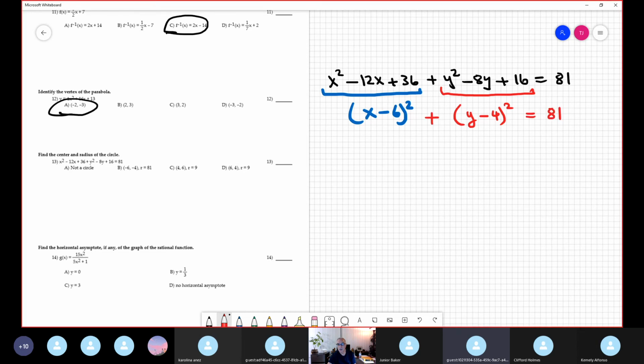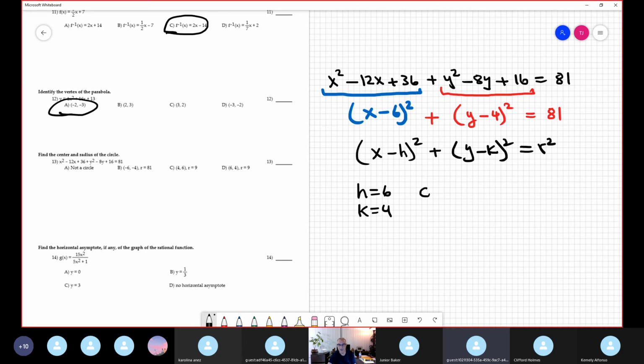Equal 81. And we compare this equation with the standard equation for the circle. And what do they want? They want the center and radius. Okay, no problem. H is 6 positive, K is 4.